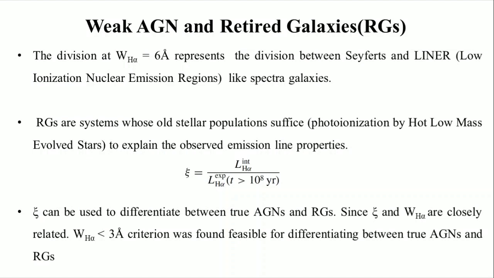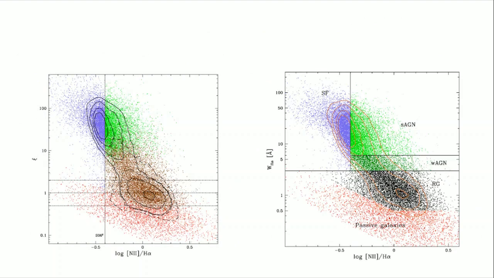Now the question is, how do we use it in our context? How do we relate Z to some factor that we have? For this, let's look at a plot of Z versus log N2 by H alpha and width of H alpha versus log N2 by H alpha. We see that the plots look very similar. The reason can be understood from the definition of width of H alpha in terms of luminosities.